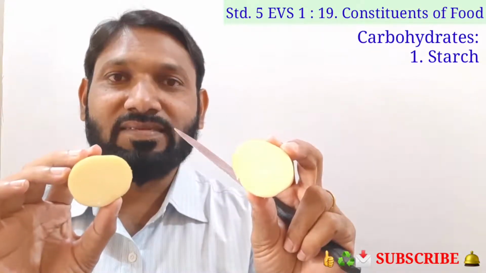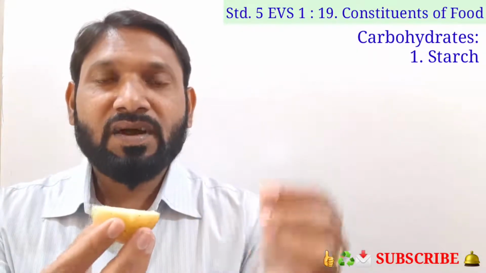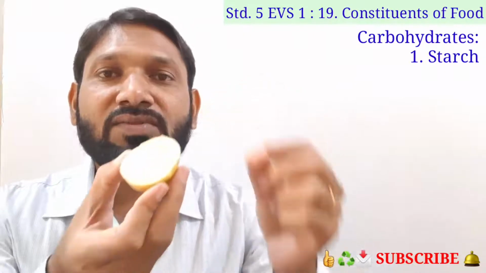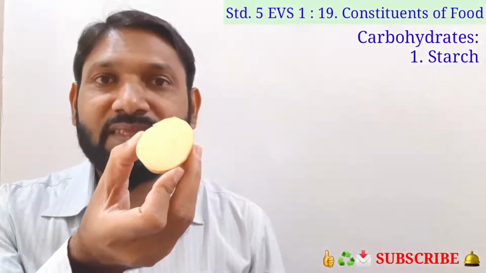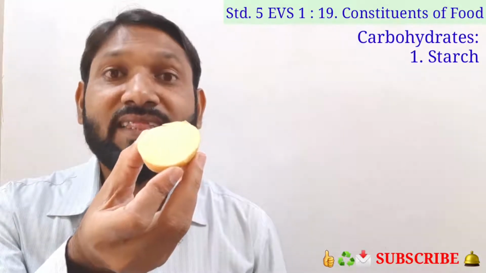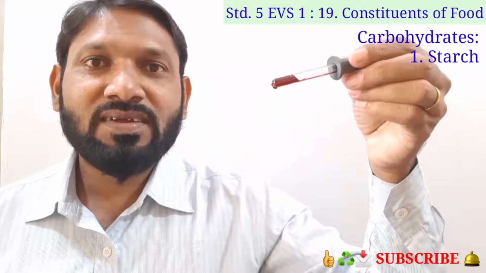Now what I am going to do is drop a solution of the iodine on this potato. Let's see what changes we find in the color of iodine. See, students, I have taken iodine.